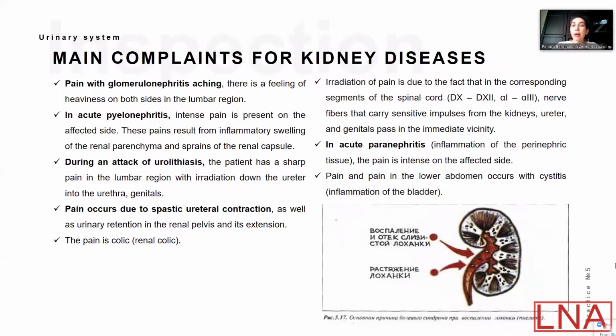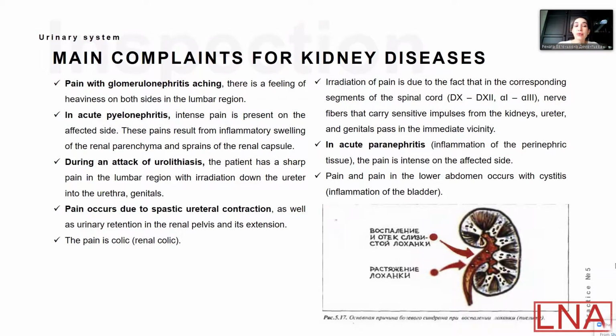More often, pain in pyelonephritis is from the one affected side, but sometimes it is possible that it will be from both.